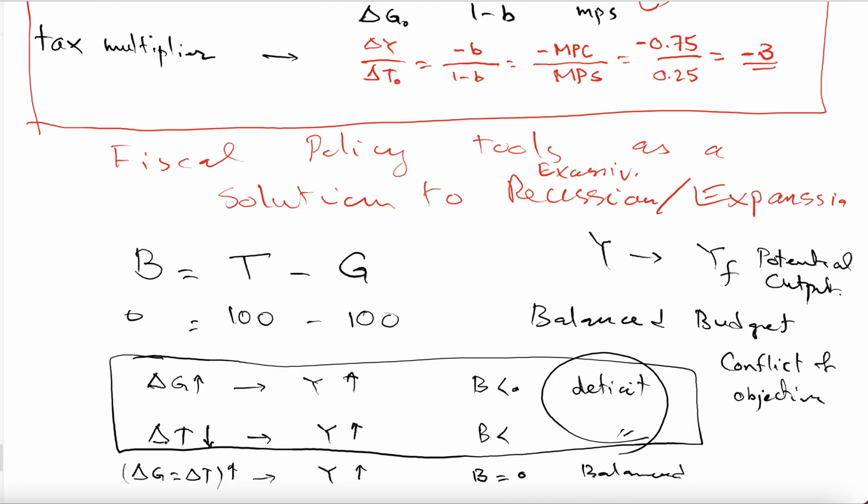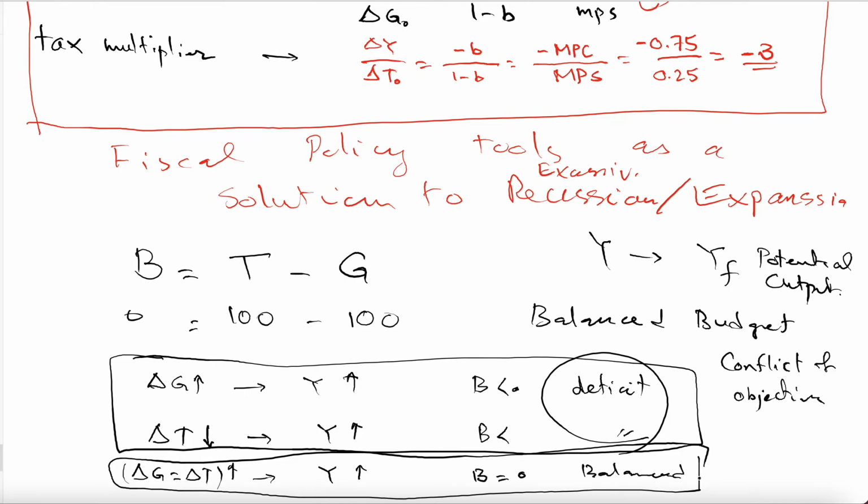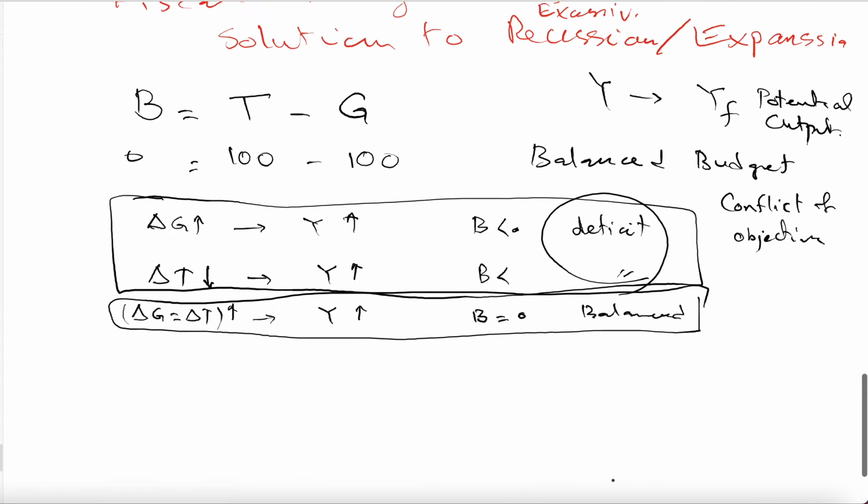If we choose only one of them, we're going to have a conflict of interest. But if we change both of them, it is possible to bring the economy to full employment and also keep our budget balanced. So in the examples, this is going to be further clear.